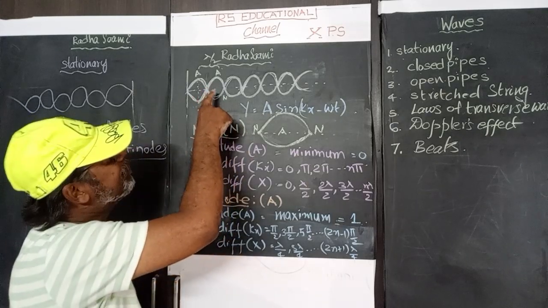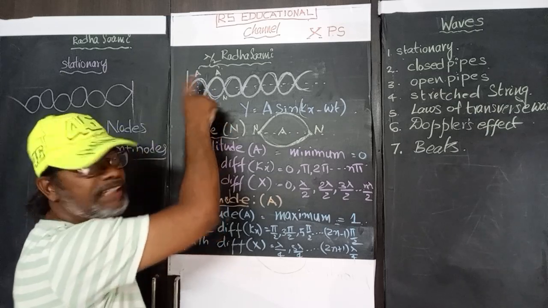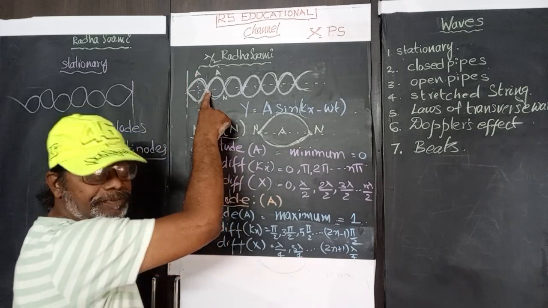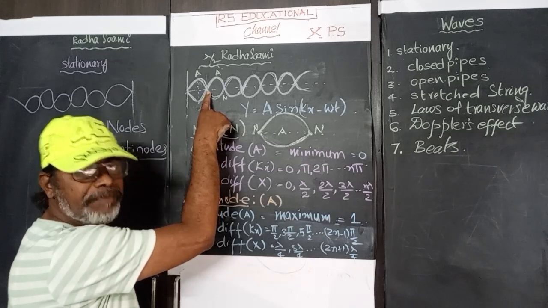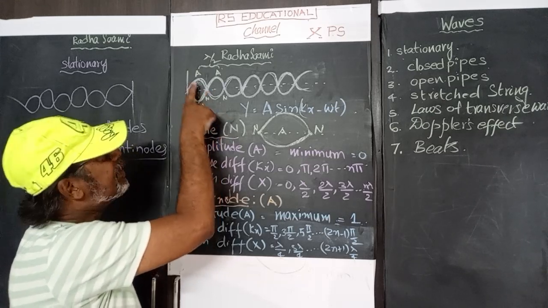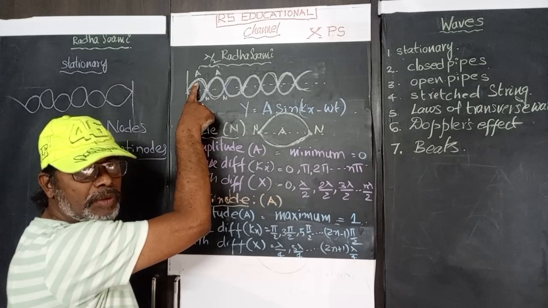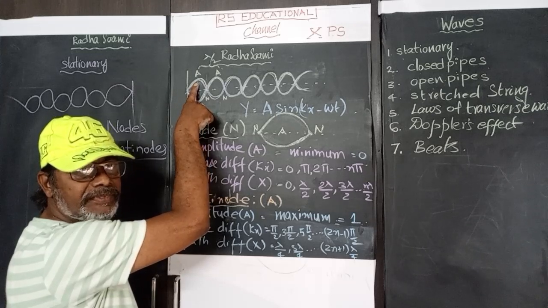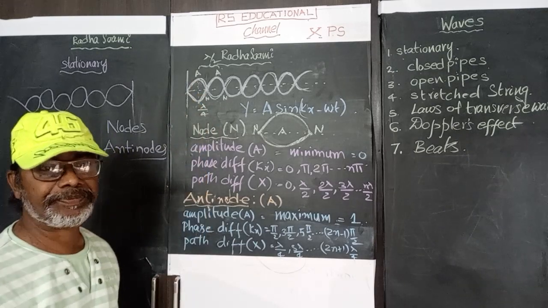These are nodes and these are antinodes. Nodes are minimum amplitude points. Antinodes are maximum amplitude points in the stationary wave.